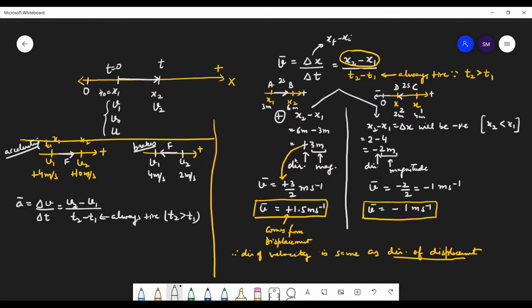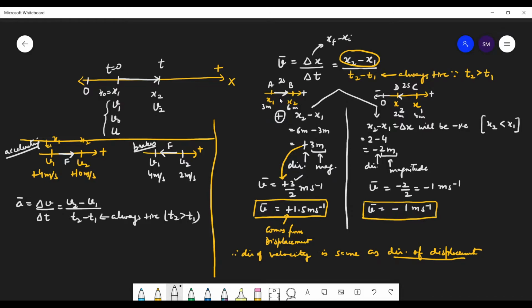So in case of displacement and then velocity, velocity was depending on displacement. So whatever is happening with displacement, the same happens with the velocity. And displacement depends on x2 minus x1.